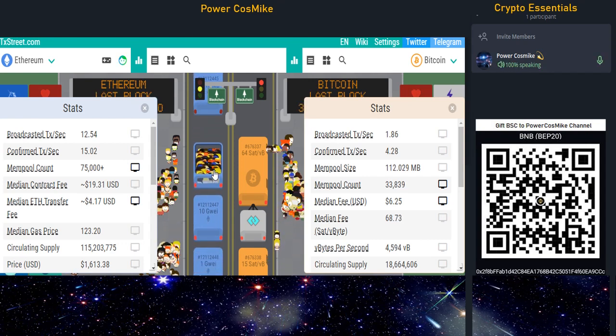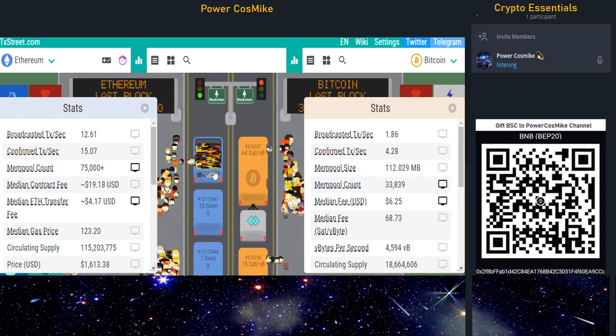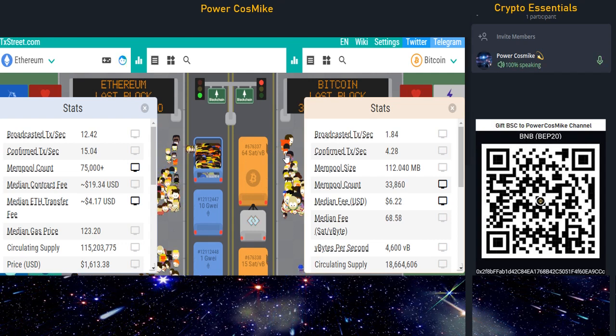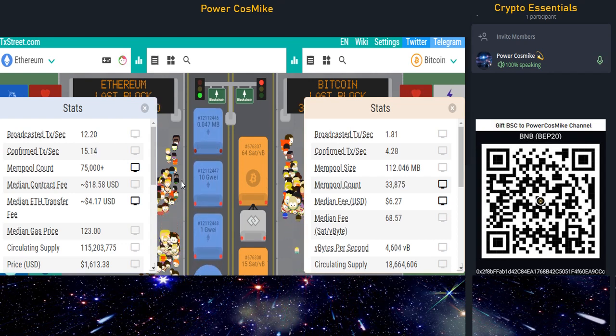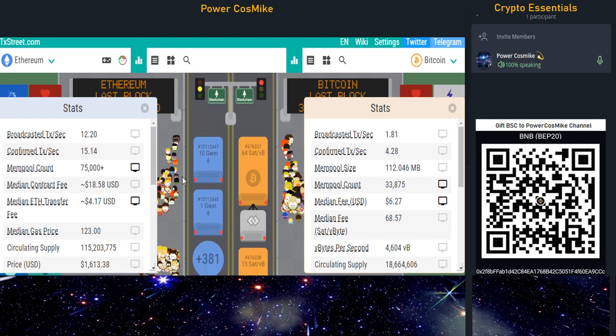But in any case, you can see that there's definitely a lot of demand on the blockchain to get on the bus to get from point A to point B, from wallet A to wallet B. You can see how many transactions are trying to be executed, and the more people involved in these transactions, the more people in line trying to get on the bus, the more expensive these transaction costs are.